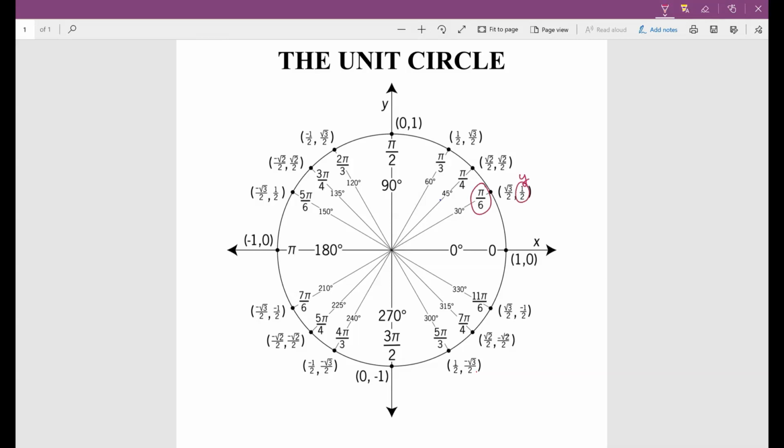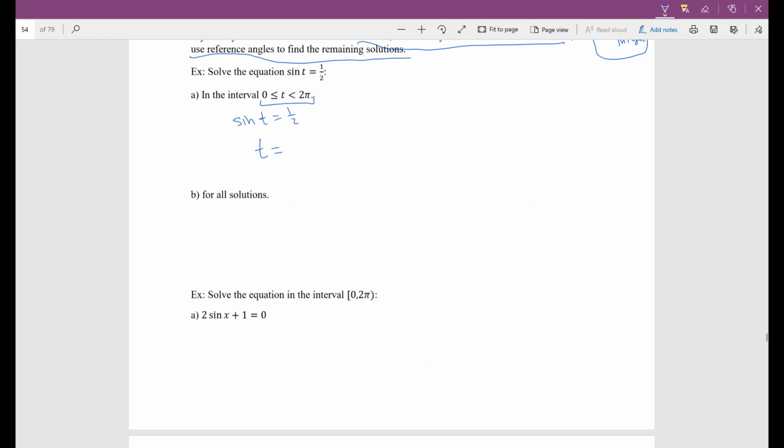You're going to get pi over 6. And where else is it? It's right here, and that's going to be 5 pi over 6. So you have two values, pi over 6 and 5 pi over 6. Here are the two angles where the sine is equal to 1/2.